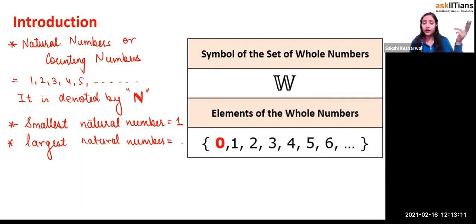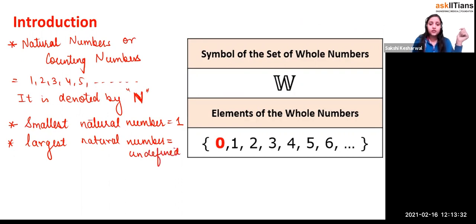Some of you have learned about infinity. Infinity means there is no end, and the symbol only means there is no end. So we say undefined because we cannot have a specific answer.